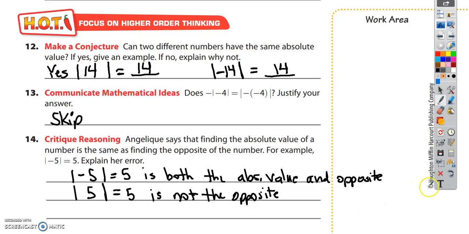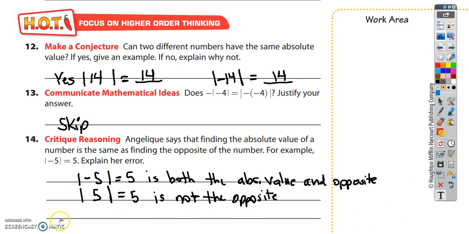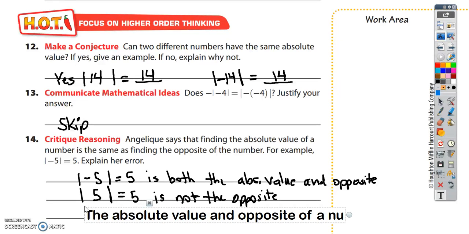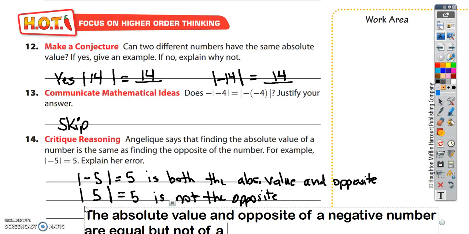So what we need to correct her, we need to say this. The absolute value and opposite of a negative number are equal, but not of a positive number.